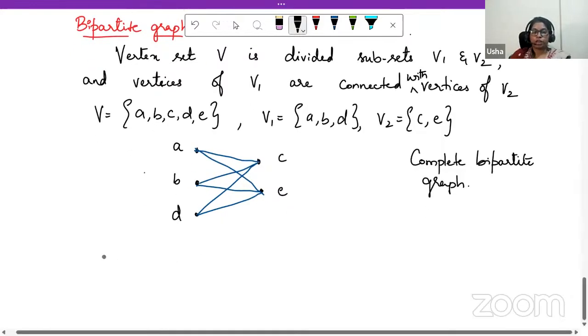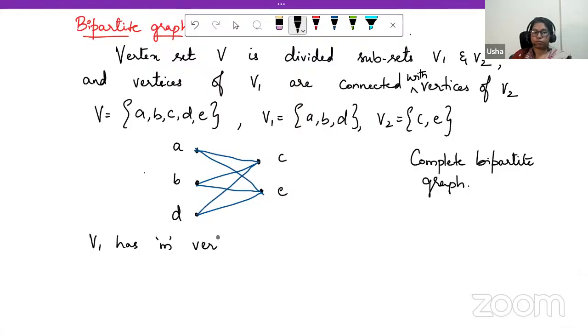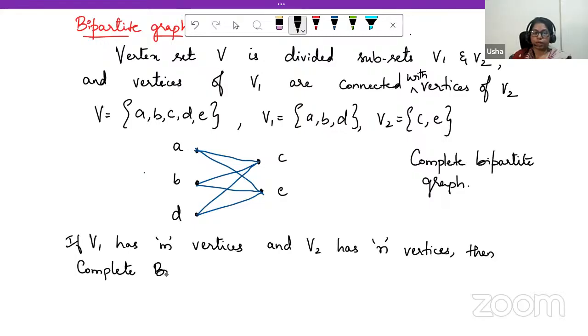Understood this? So if V1 has M vertices and V2 has N vertices, then a complete bipartite graph will have M into N edges.